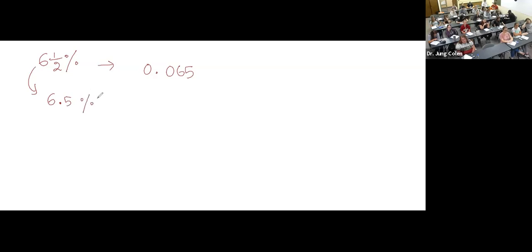So when you're changing a percentage to a number, you need to divide by 100, right? Because to get a percent, you multiply a number by 100. So if we divide 6.5 by 100, that's the same as moving the decimal point to the left or right?